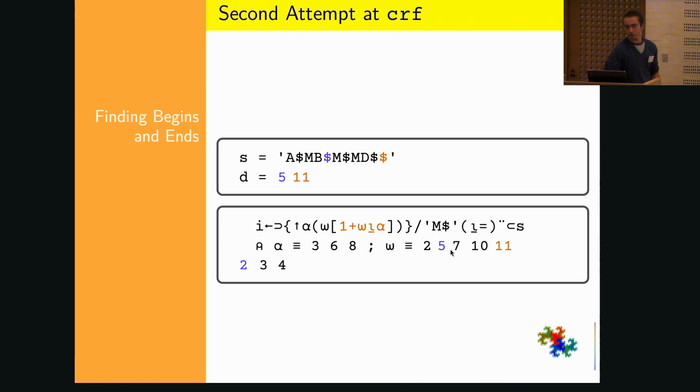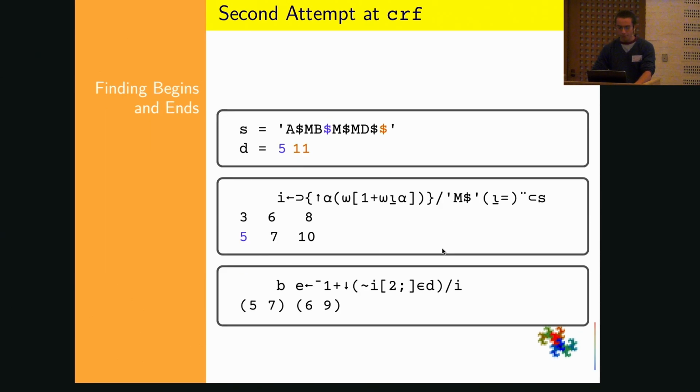So it is actually the fifth, the $ sign at position 5 in the input, which we inserted manually. So we will have to remove the solution later. And indexing, we get this matrix. 3, 6, and 8 are the starts, and 5, 7, and 10 are the ends.